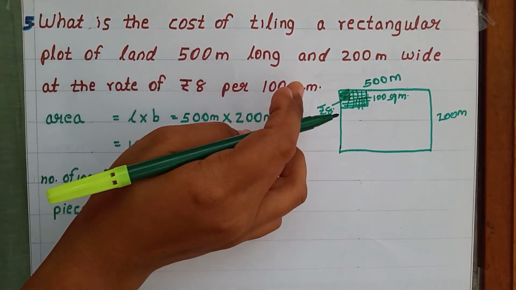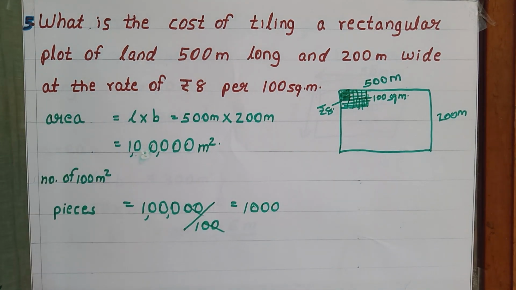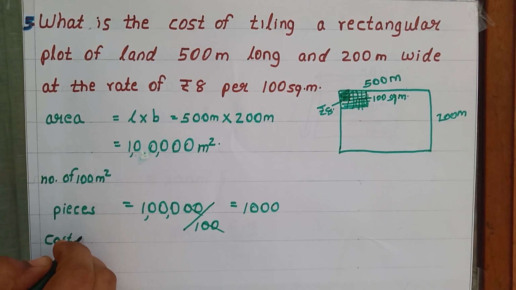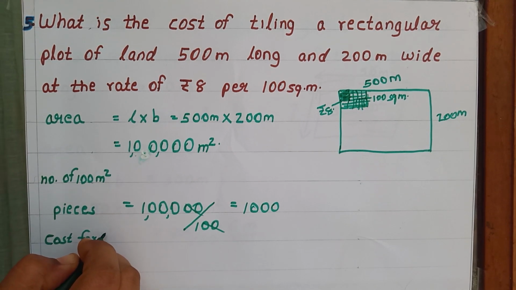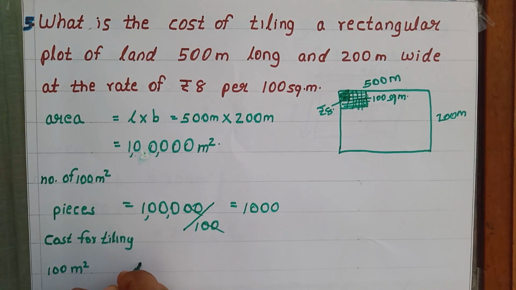They have given one more thing, cost for tiling 100 square meter. Next step is cost for tiling 100 meter square equal to rupees 8.